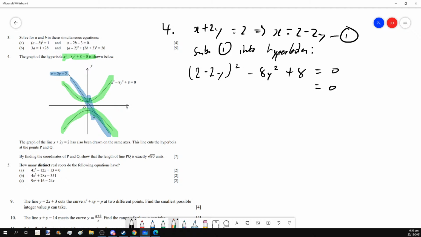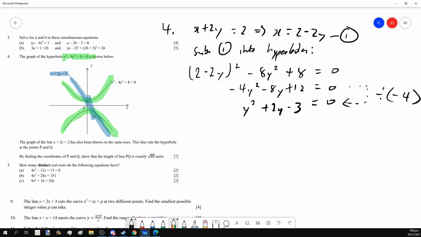From here, you will get negative 4y squared minus 8y plus 12 equal to 0. Very naturally, we can then divide by negative 4. Right? And this will give us a dramatically easier math problem. We will factorize this, and it tells us that y equals 1 or 3.